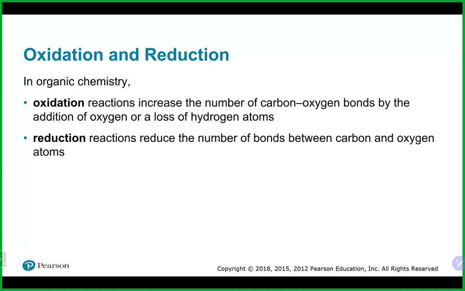Oxidation means that basically something has gained oxygen as you go from reactants to products, or it has lost hydrogen as you go from reactants to products. So these are really the definitions that we use in organic chemistry.